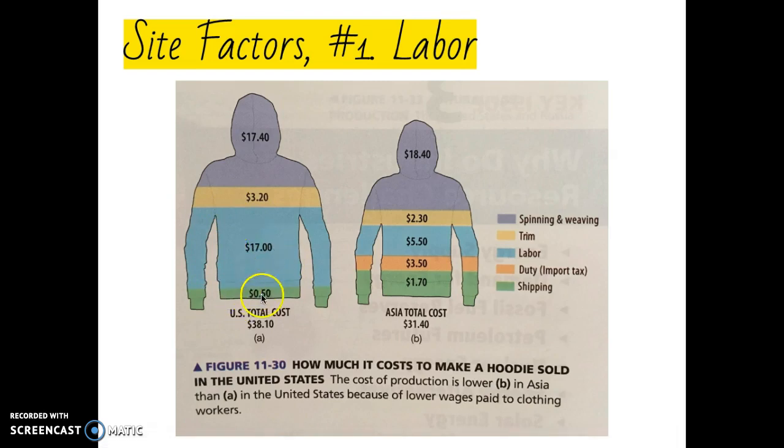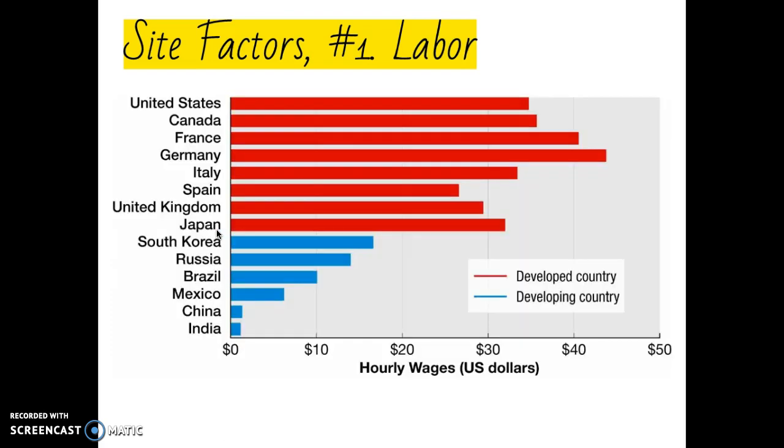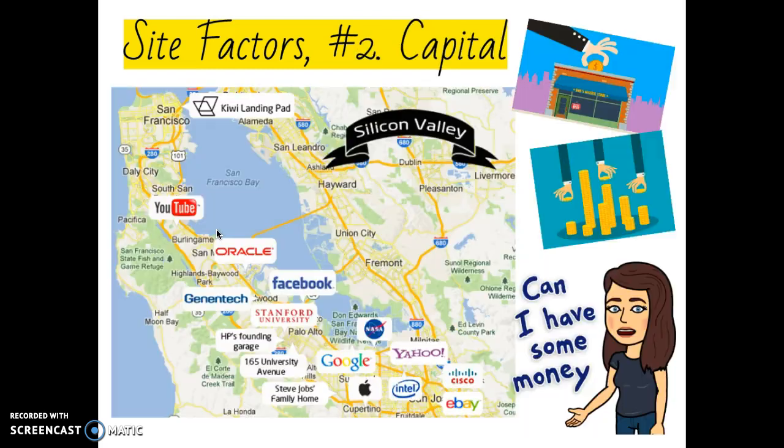So the total cost of the US hoodie, even though they don't have to pay this import tax, is significantly higher than the cost of what it would take to produce a hoodie in Asia and then sell it in the US. And you can see here through this visualization that it's the labor that makes the huge difference. So this results in places like China having 1/4 of the world's industrial production, and India has 1/5.